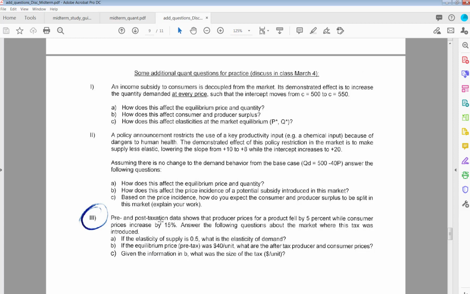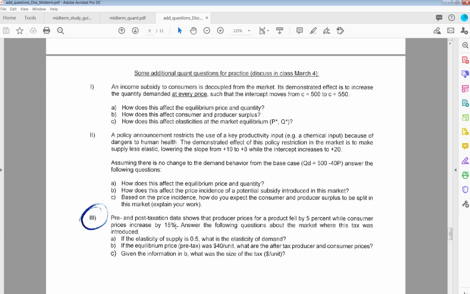This is a little bit different question, probably a little easier, because the sort of answers are there, and you just have to reverse engineer what does the market look like. And so this one isn't related to the previous questions, but it says pre and post taxation data shows that producer prices fell by about 5% while consumer prices increased by 15%.